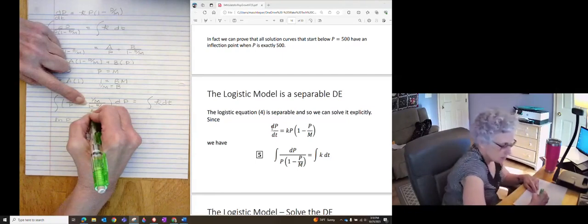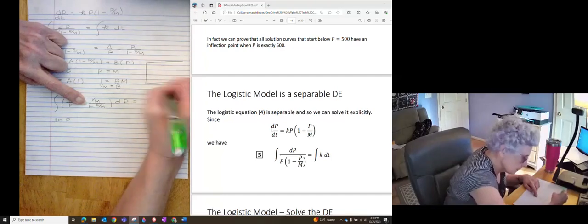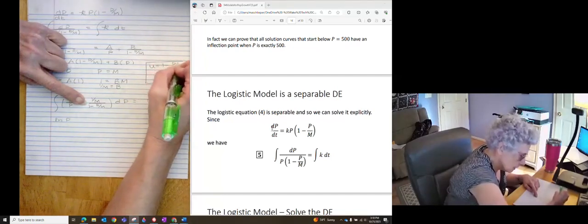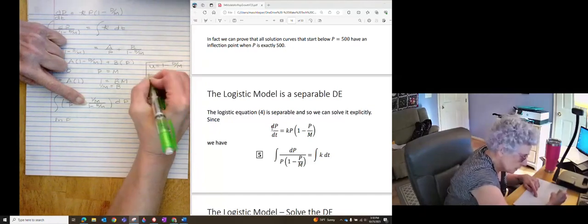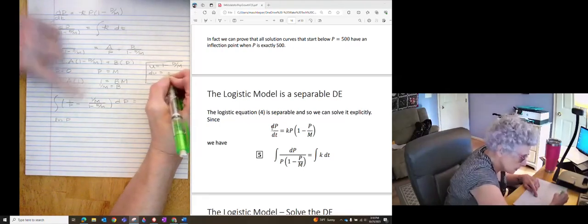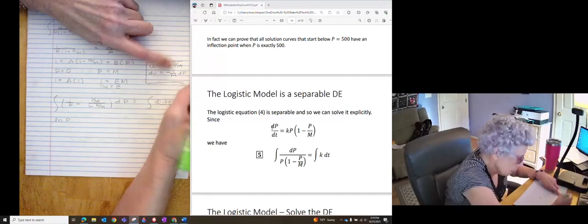Let's do a little bit of u substituting. U is equal to 1 minus P over M, so du is equal to minus 1 over M dP.